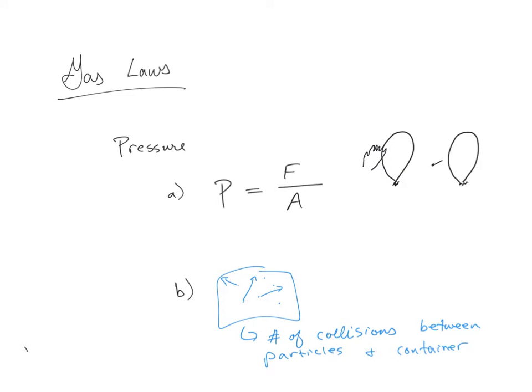You have collisions happening between these two particles. Eventually this particle could run into this one, but then this particle also runs into the sides of the container. So pressure is a measure both of the collisions between particles and of the collisions between the particles and the container.